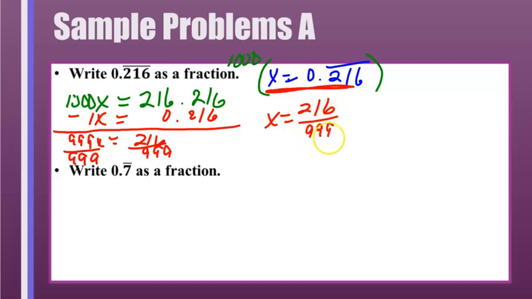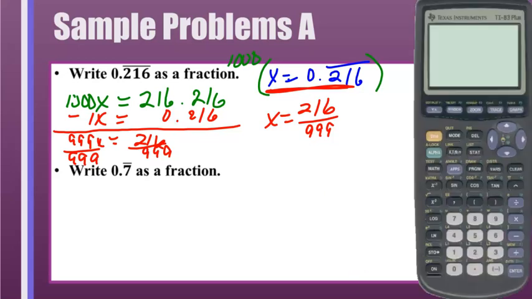Now I can reduce that. And to save some time, we're just going to do that on our calculator here. So if I take 216 divided by 999, here you can see the repeated decimal. But if I hit math, option 1, I get 8/37.